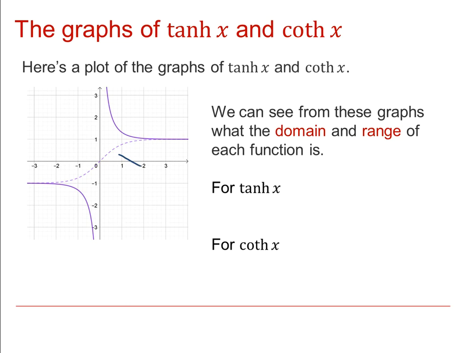Here the dotted line is showing tanh x, and we can see for that we have x is a real value, but that tanh lies between -1 and 1, so we can say that -1 is less than tanh x is less than 1. That means that coth, which is 1 over that, is going to be asymptotic to the y-axis. It's approaching plus and minus infinity as x approaches 0. And it's also asymptotic to the lines y equal to 1 and y equal to -1.